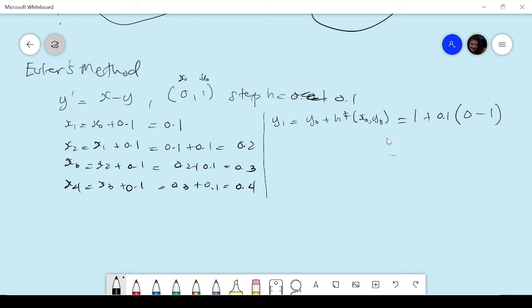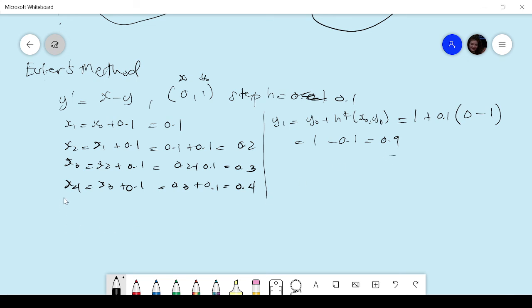So, 1 minus 0.1. So, this is 0 minus 0. Minus or plus? So, 0.9. So, the first ordered pair after 0, 1 is 0.1 and 0.9.